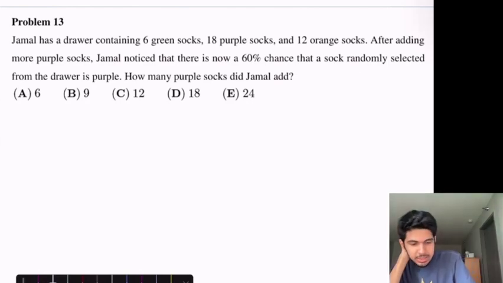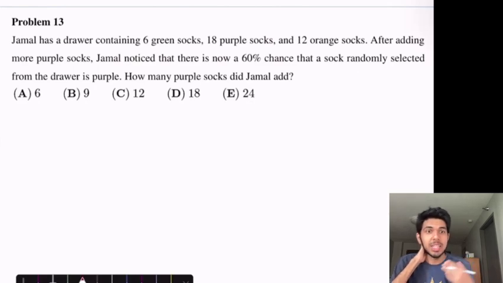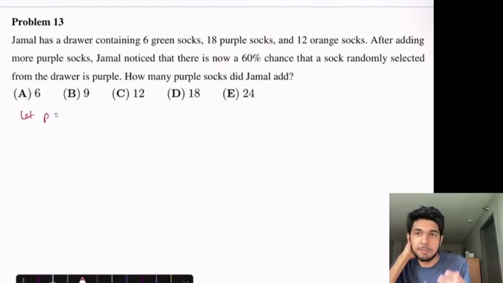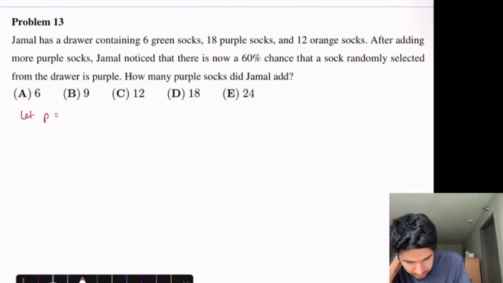So in fact, let's start by creating some variables so we can express what we want in terms of these variables. We want, out of all of the total socks, 60% of them to be purple. So first, let P equal the total number of purple socks after he adds socks.